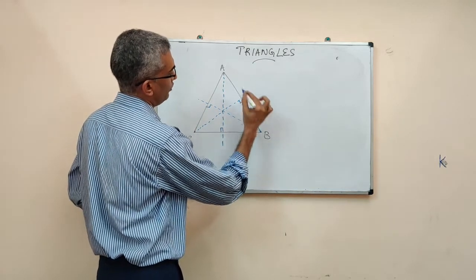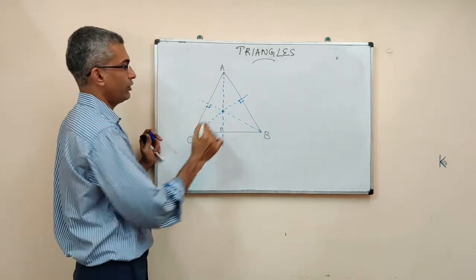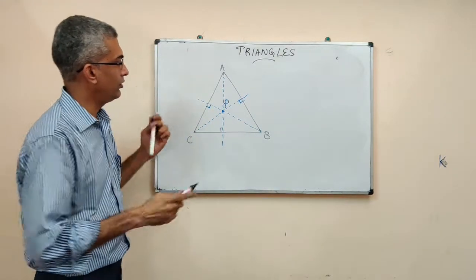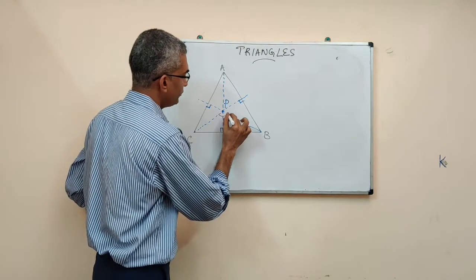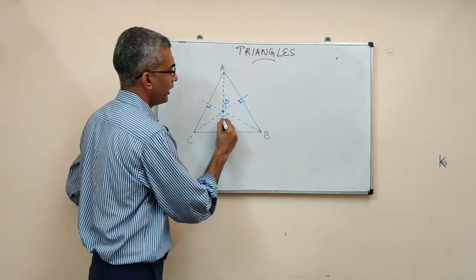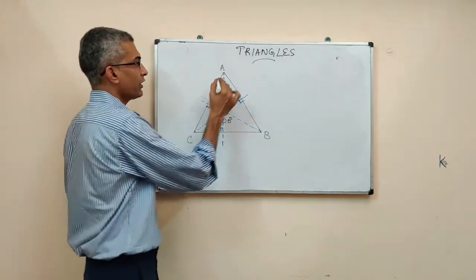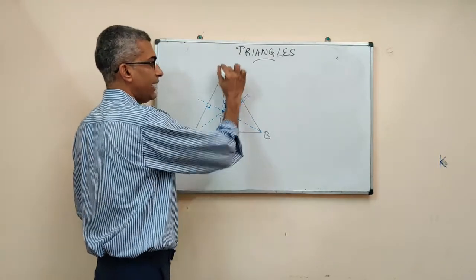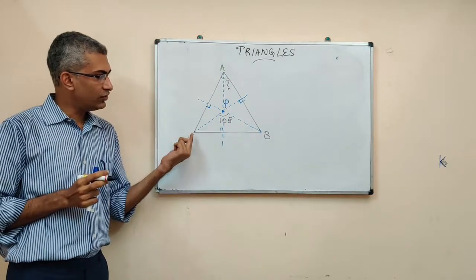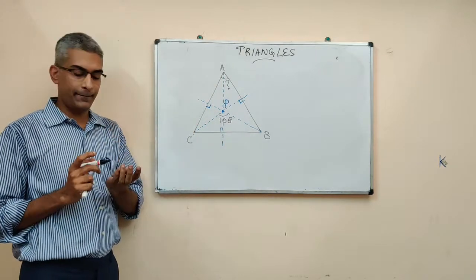The altitude passes through this point, let me call it P. If this angle CPB is given as 100 degrees, can you tell me what the angle CAB will be? That is the question. Given that CPB is 100 degrees, what is angle A?